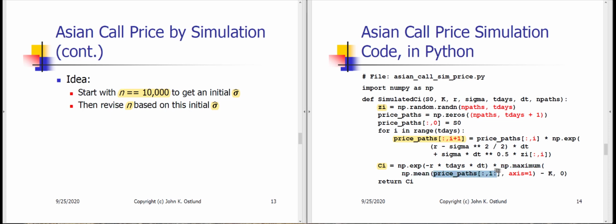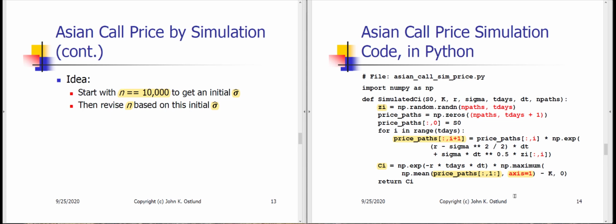Because price paths here is a two-dimensional ndarray, and we're trying to compute the mean of one of those dimensions, we have to actually tell the NumPy mean function that we want to compute these means over rows, not over columns. Okay? Otherwise, we would end up getting the mean for all of the paths over individual days.